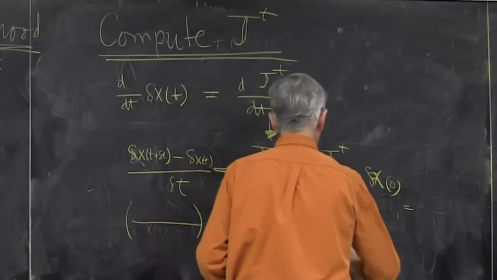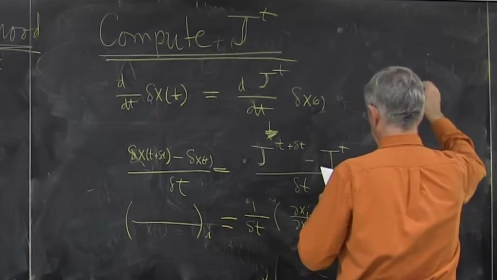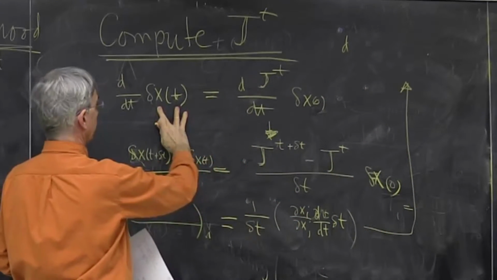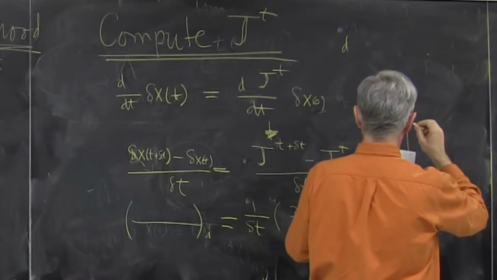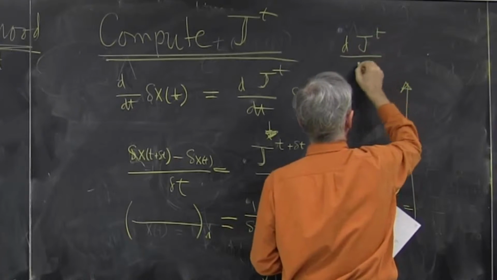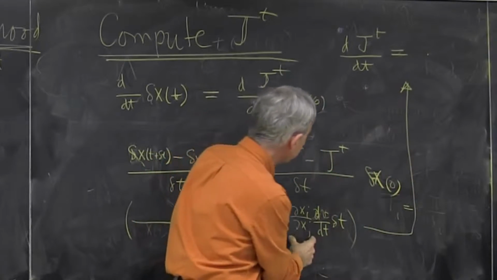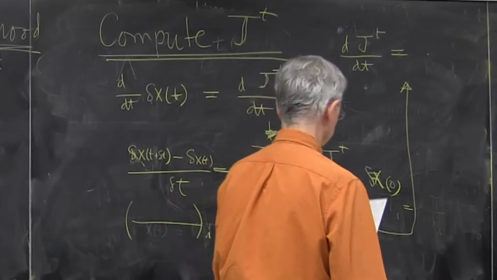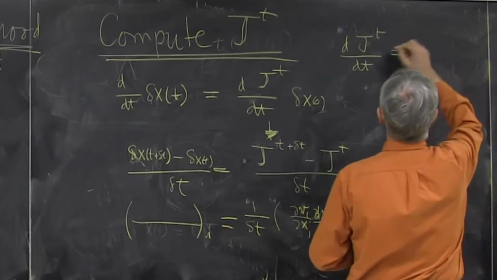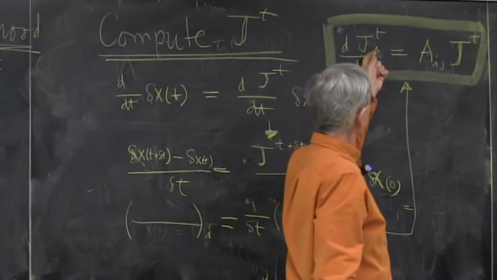So this guy cancels, and out of it comes a very simple equation which says that this is true for any initial x0. So I get dJ at time t, delta t, is proportional to this matrix. And if you believe this, you'll believe anything, but you find out that variation of this matrix J is actually given by the matrix of velocity gradients.